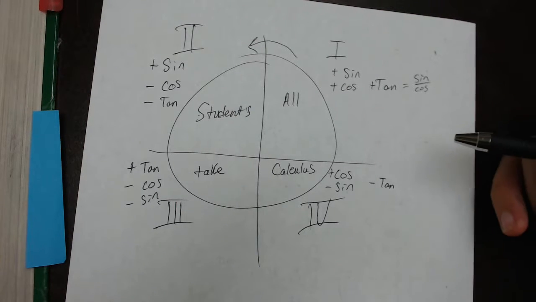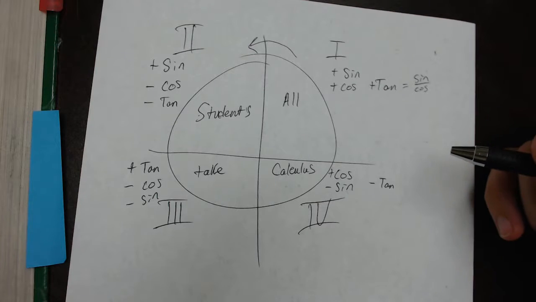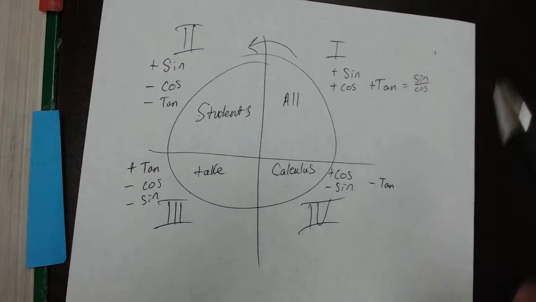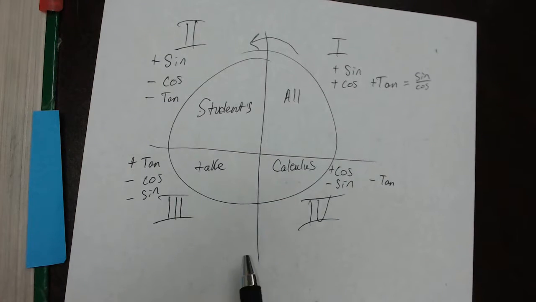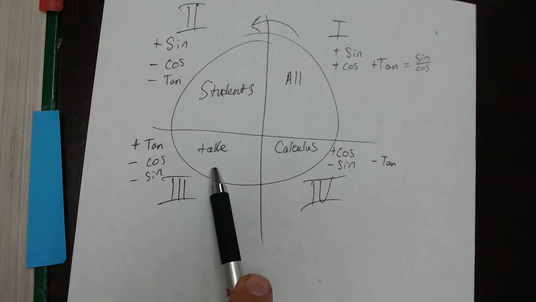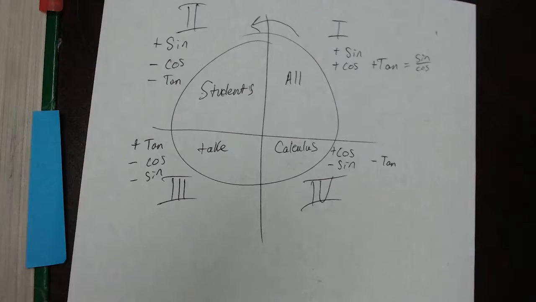If you don't, it'll be really frustrating because your answers will always be slightly off, either just by a positive or a negative, or because you added when it should have subtracted. So remember, all students take calculus: quadrant 1, 2, 3, 4, all positive, sine positive, tangent positive, cosine positive.